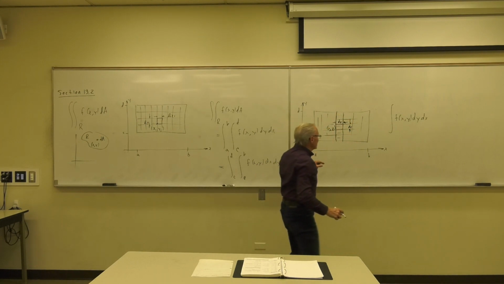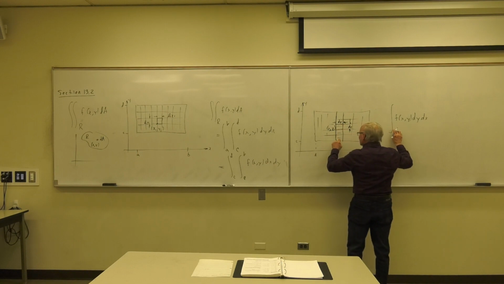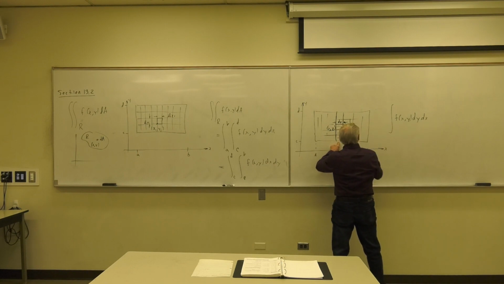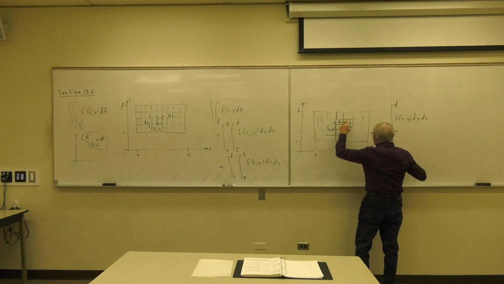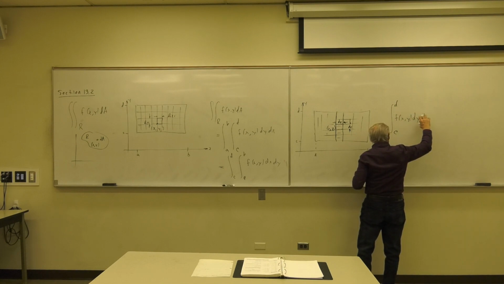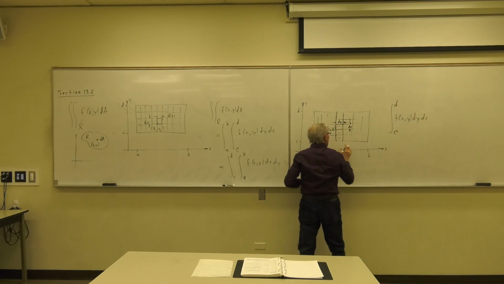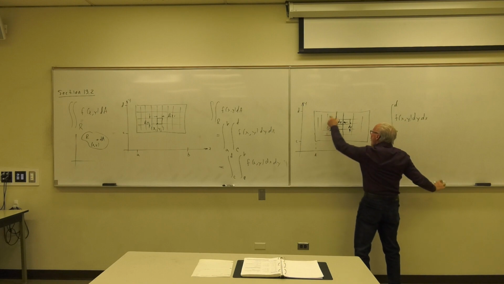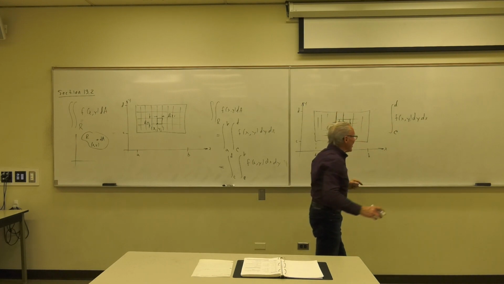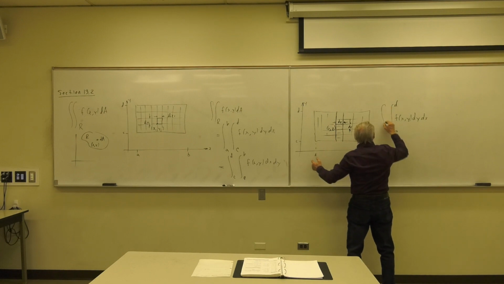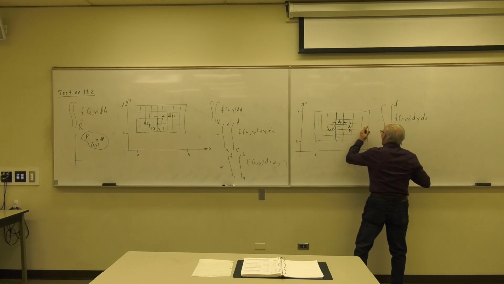I have to tell it where to start. It's going to start here when y is equal to c. When is this summation going to stop? Up here when y is equal to d. So I envisage this as a summation of that over all the rectangles in a vertical strip. And now the outer integration adds over all of the strips.